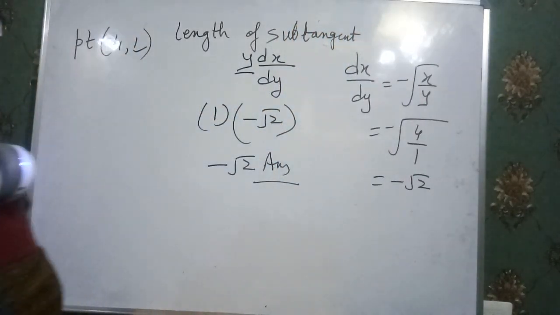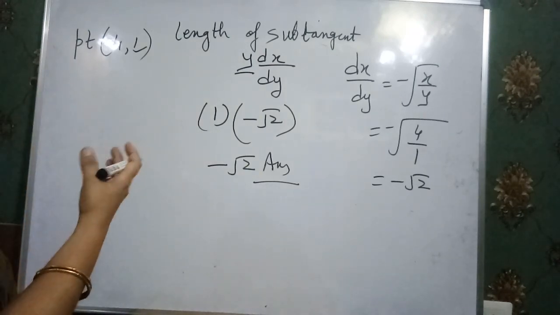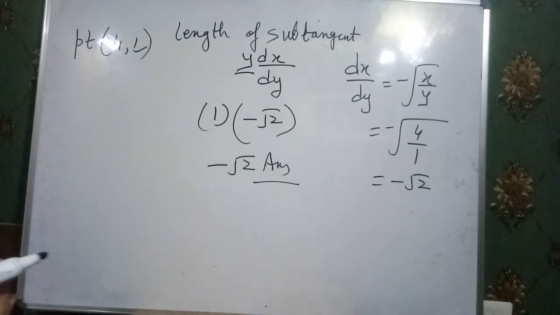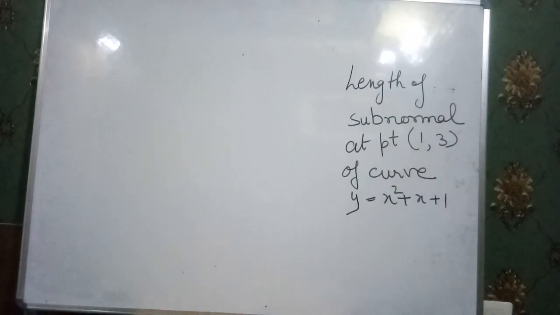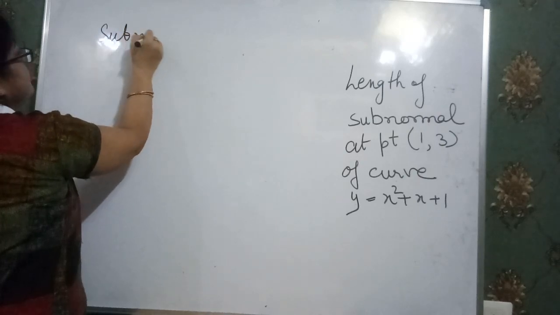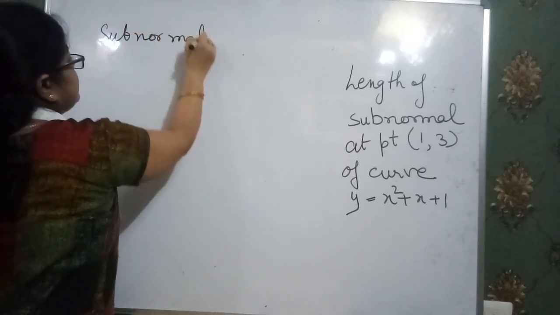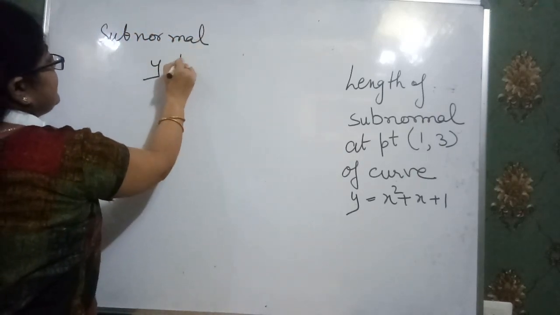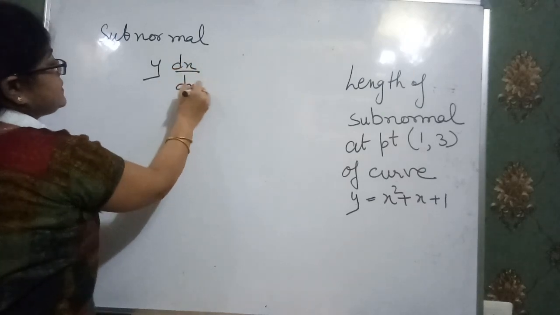Okay. Similarly, if we have to calculate the length of subnormal, what do we do? Now, in this question, we have to find the length of subnormal at the point 1, 3 of the curve y is equal to x square plus x plus 1. So, length of subnormal, we find it by the formula y dy over dx.